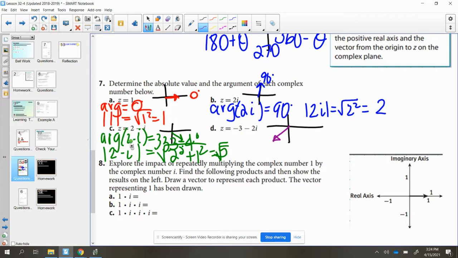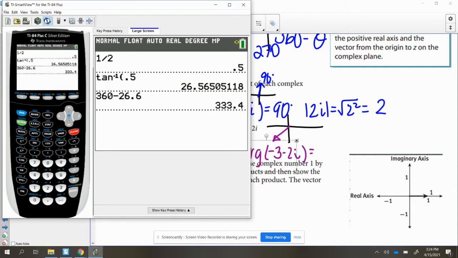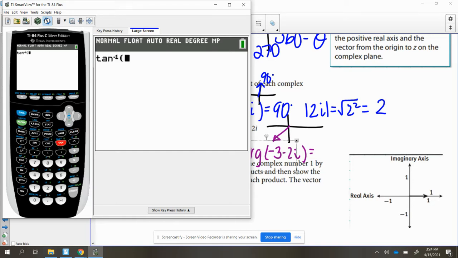Last but not least, we have an example that is coming to the left 3, down 2. So think quadrant 3 type value. So your argument of negative 3 minus 2i, tan inverse on this. Now again, I'm going to use positive 3 and positive 2 because that's going to give me my reference angle.